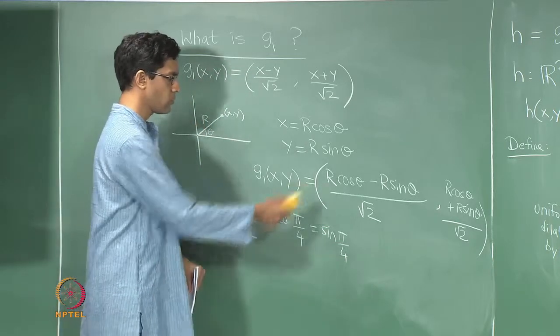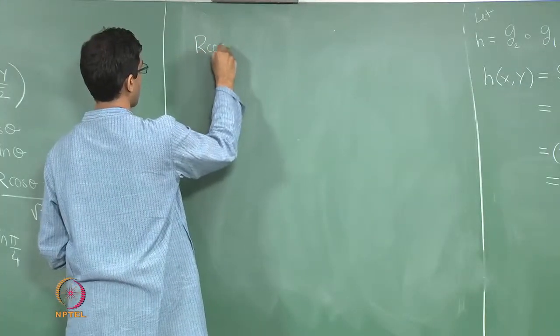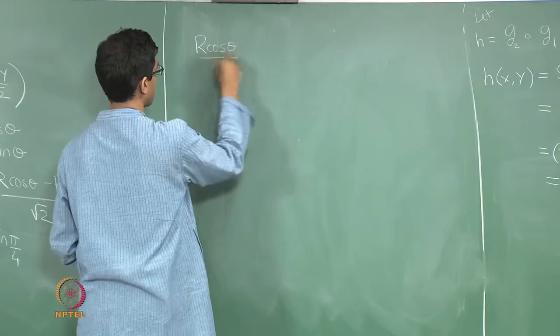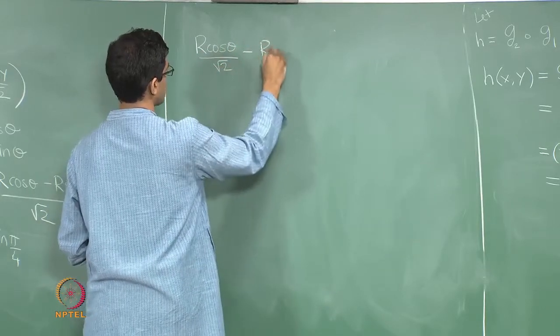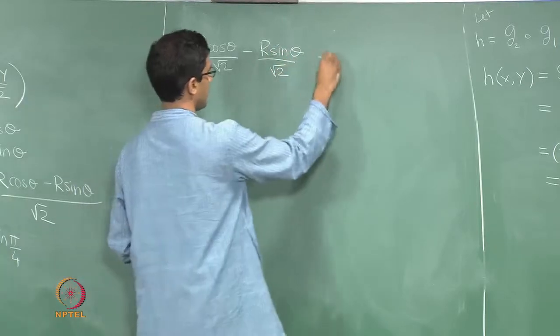So, what we can now do is to rewrite the x coordinate. So, what did we have? We had r cos theta by root 2 minus r sine theta by root 2 as the following.